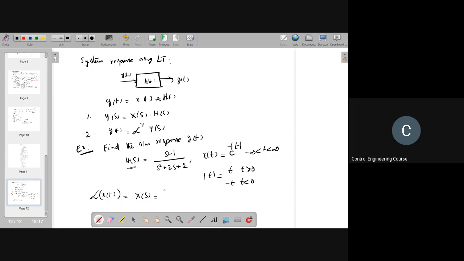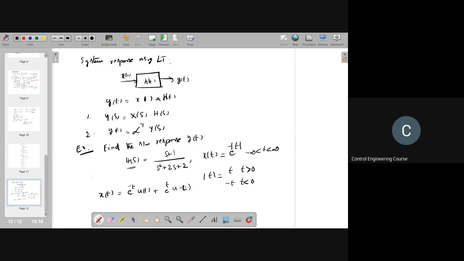Now, I am using the first principle, or you can use direct formulas and properties also. I am writing x of t as e to the power of minus t u of t plus e to the power of t u of minus t.